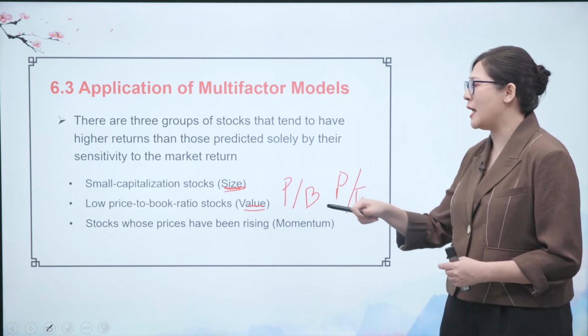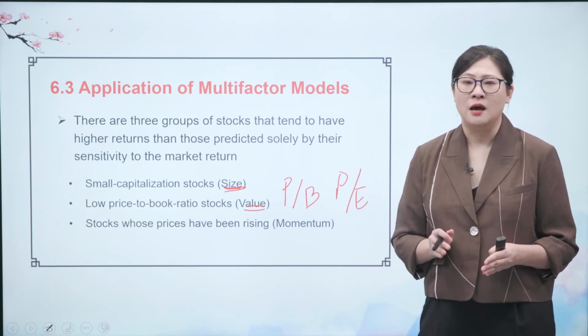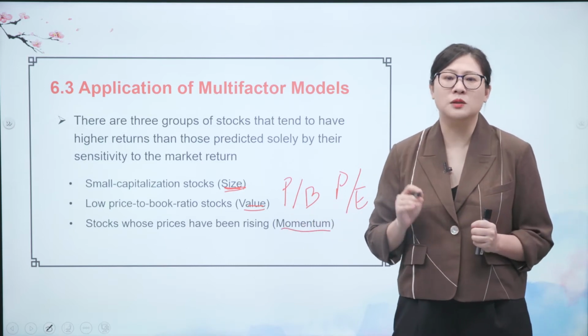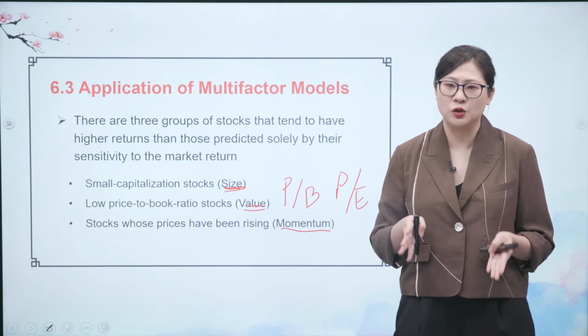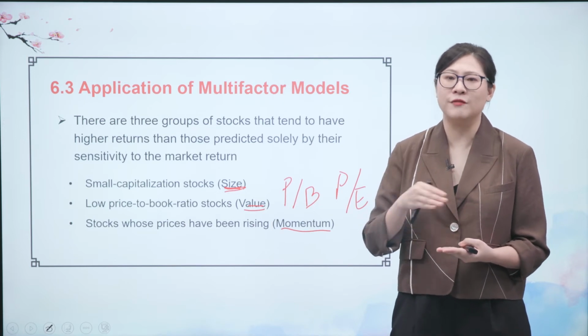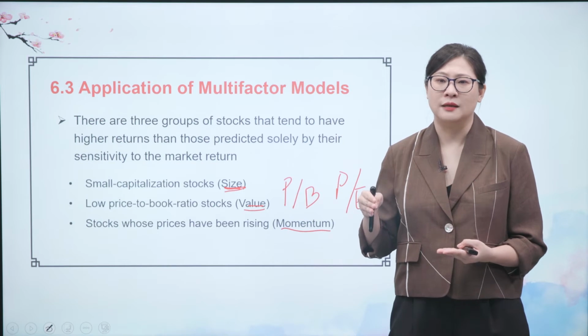The last one is stocks whose prices have been rising. We call that the momentum effect. This momentum effect means we assume that a stock that increased previously will continue to increase in the future.